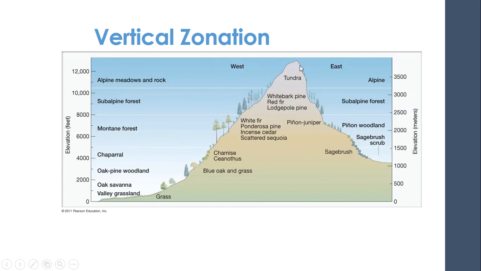Eventually you will get up high enough that you are above the tree line. So if you have mountains that are high enough, near the top there's going to be no vegetation.